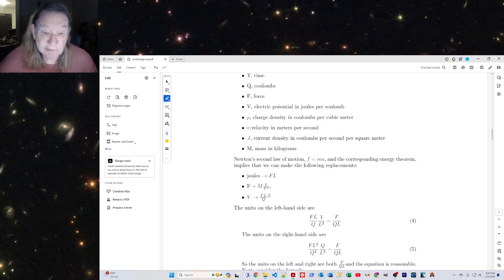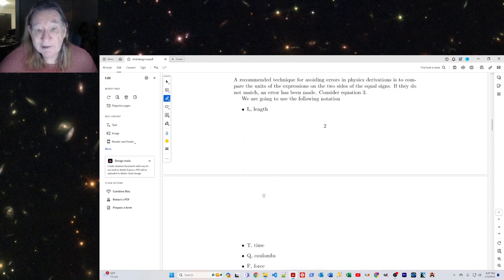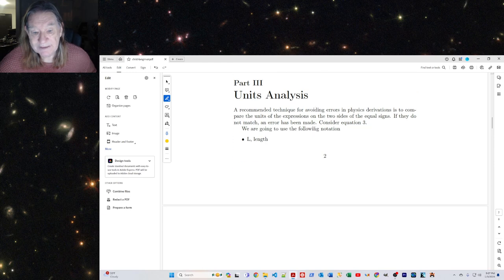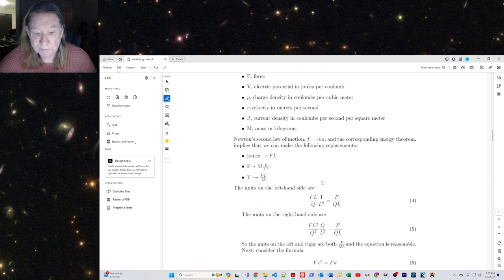The definition of electric potential is energy per unit charge, so that's FL over Q. So, when we analyze the units of equation 3, we get FL for energy divided by Q, that's per coulomb. And then we're taking the second derivative with respect to position, so that divides by L squared again. So we get FL over Q times 1 over L squared. One of the L's cancels, we get F over QL.